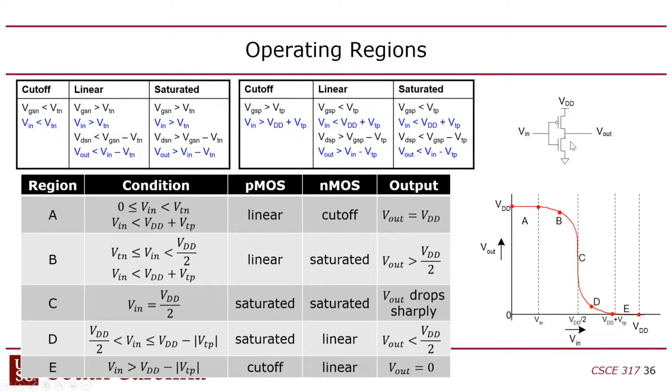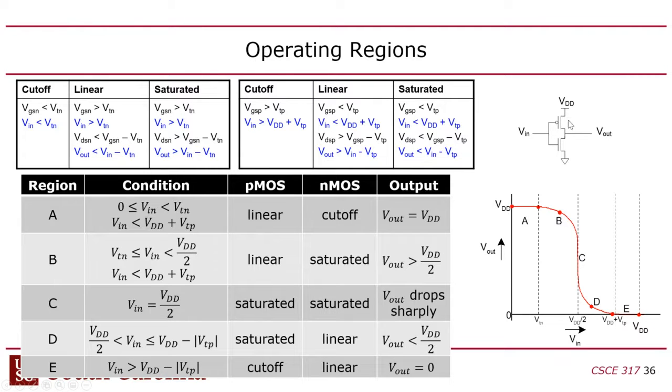And then once we get the VN above VDD over 2, that'll put the nMOS into linear mode, because we're going to start pulling down the V out, closer to ground. Meanwhile, we still have above threshold voltage on the PMOS and a big voltage drop between VDD and V out, because we're pulling the output down, but the PMOS is still seeing this huge drain-source voltage drop, and so the PMOS will then be saturated.